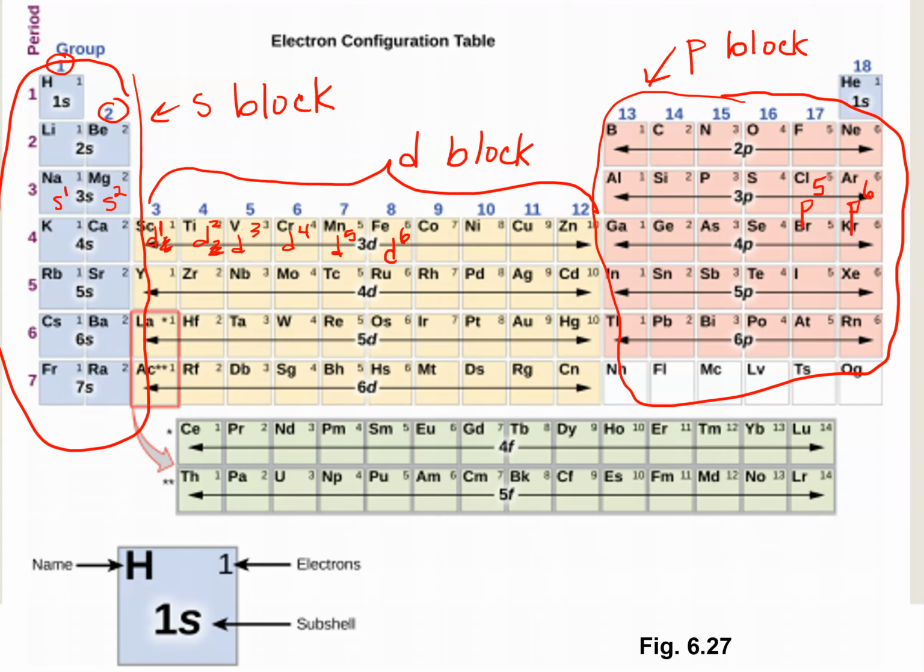You remember that we had an exception for some of the ones that had one less than half full D or one electron less than full D. Well, that's D4 and D9, one short of half full or one short of full.